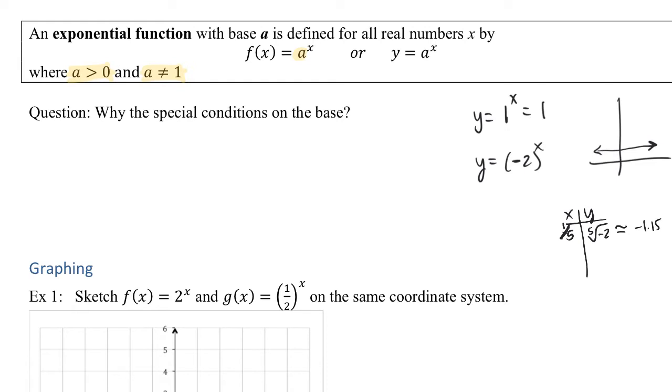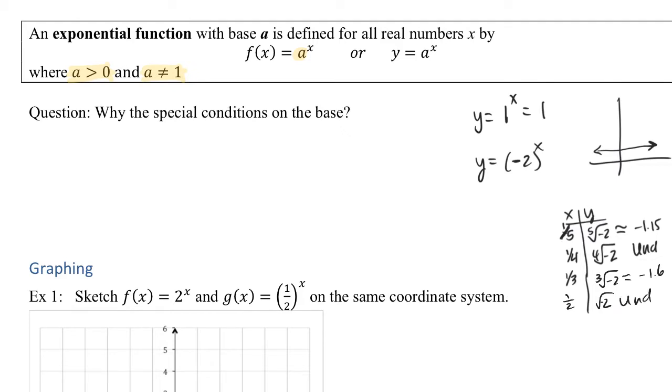But if we tried to take the 4th root of -2, that is undefined. And for a third, you can take the cube root of -2, that's about -1.6. But if you took it to the half power, the square root of -2 is undefined.